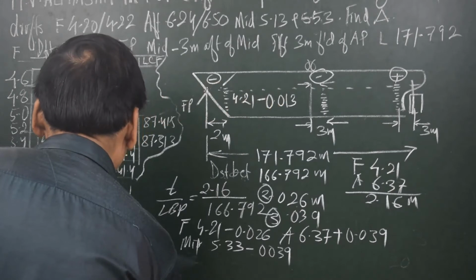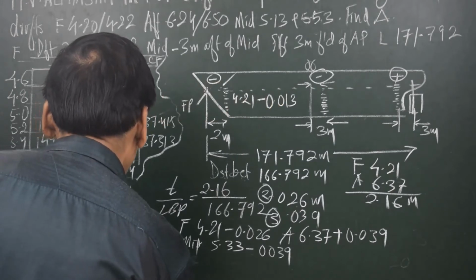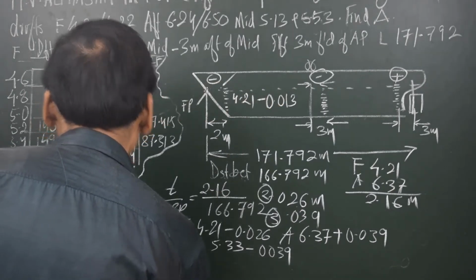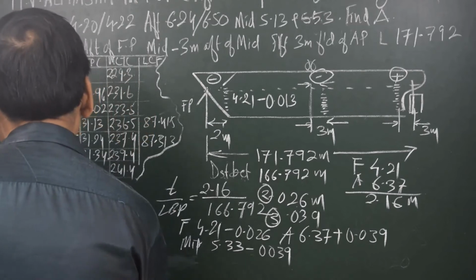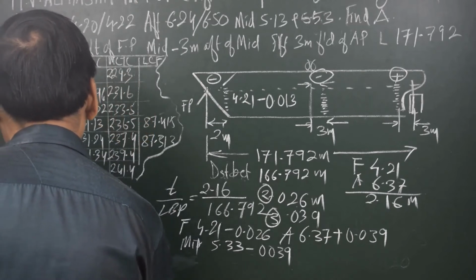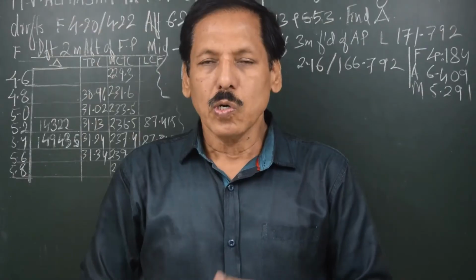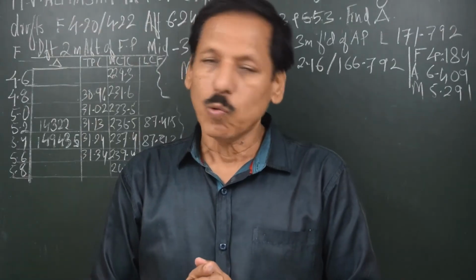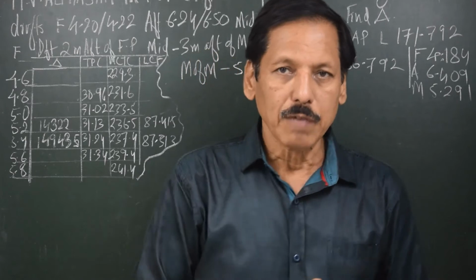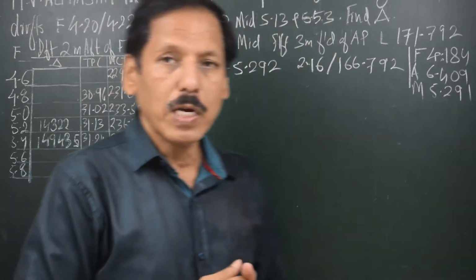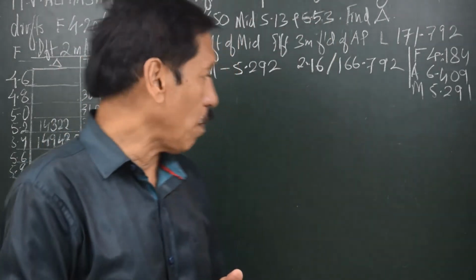So 5.292 meters is the mean of mean. Sometimes it is also called quarter mean draft. So after finding out the quarter mean draft or mean of mean draft, we want to now find out what is the draft at center of flotation.